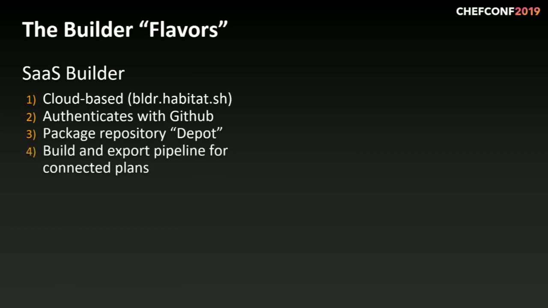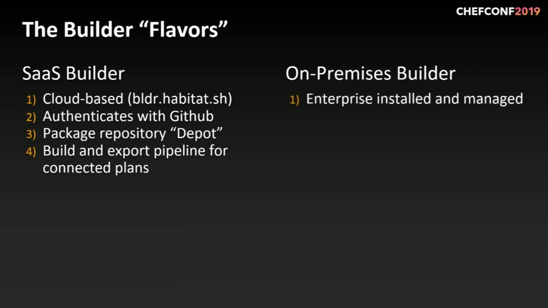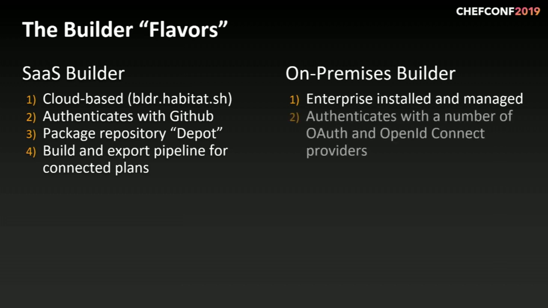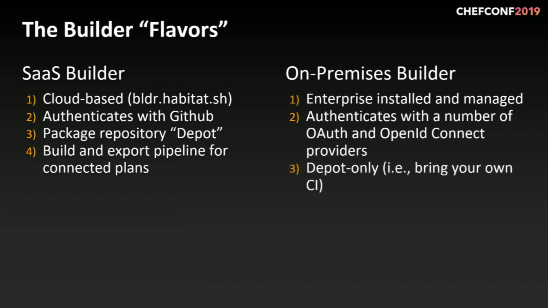We talked about that already. And then on-premises, it's enterprise installed and managed, so you get to install it if you want to use it. And we've got expanded authentication, so you can use OAuth or OpenID Connect, GitHub Enterprise, GitLab, even Chef Automate can be a provider, but it's depot only.